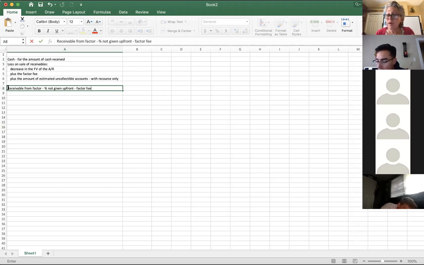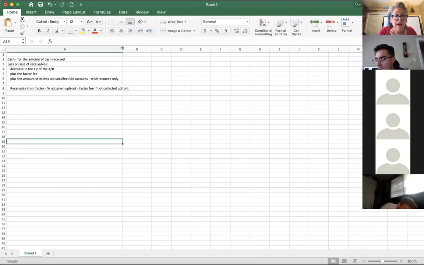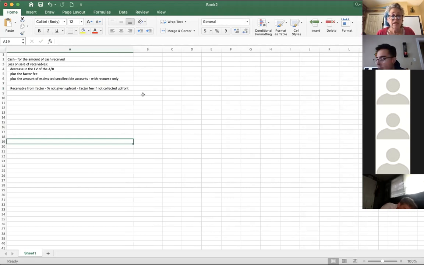Now we're going to work a problem in the textbook where the factor fee is subtracted from the amount of the cash received immediately. So sometimes they collect their factor fee from the first cash that is remitted on the date of sale.